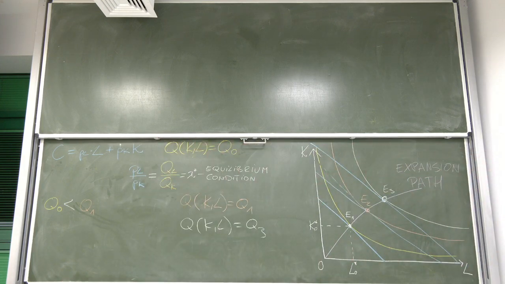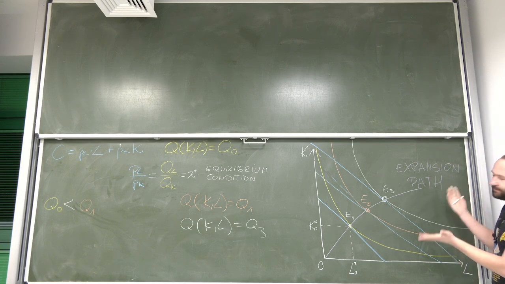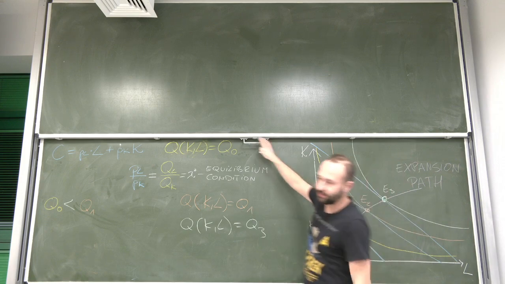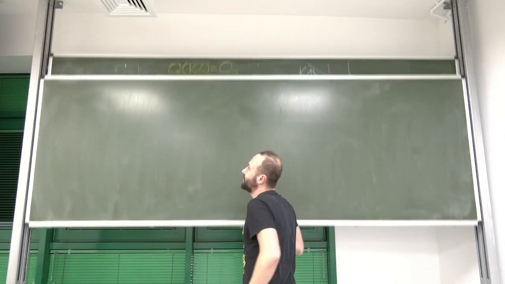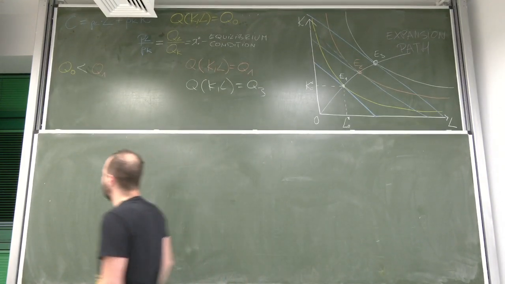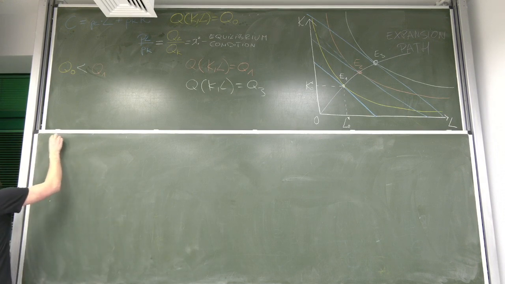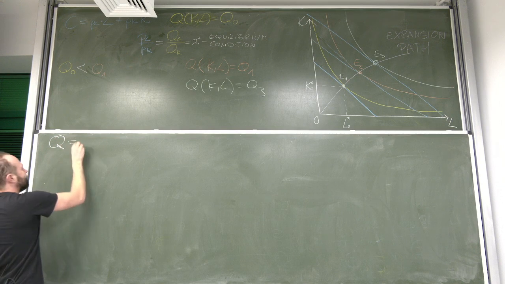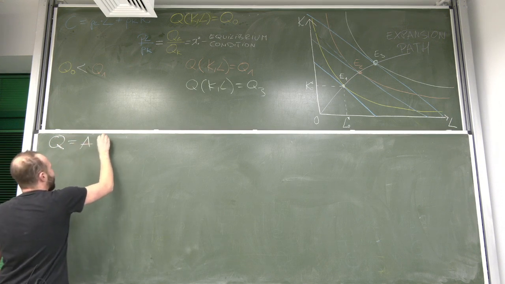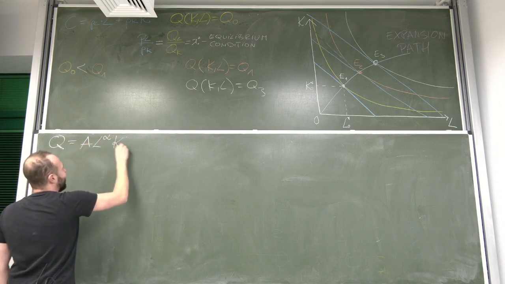However, there is a function that we really like to work with, and it has some amazing properties in terms of the expansion path. The function I'm talking about is, of course, the Cobb Douglas production function, right? So what would happen if now we would have a production function in the form A L^alpha K^beta.